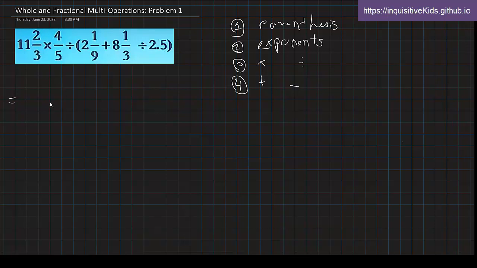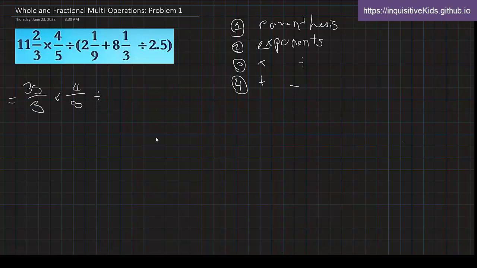So our first step is to convert all of the mixed numbers into improper fractions. And if there are any decimals, since all the rest of the numbers are fractions, we should probably turn those into improper fractions as well. So we do 11 times the denominator, which is 3, plus this 2, so 35/3. Multiply that with 4/5.